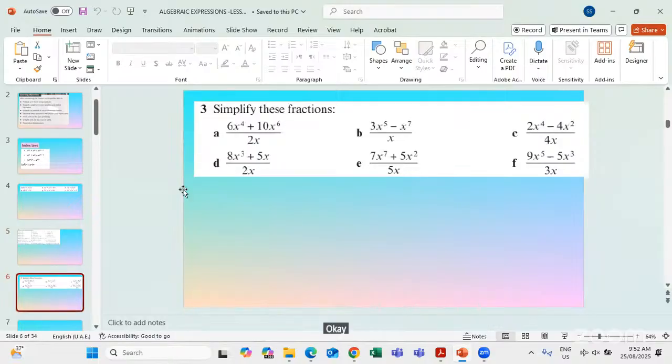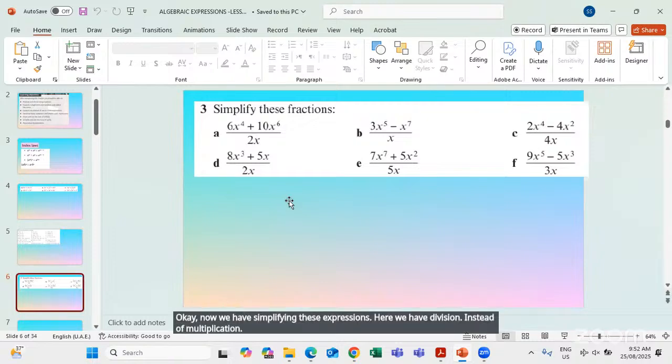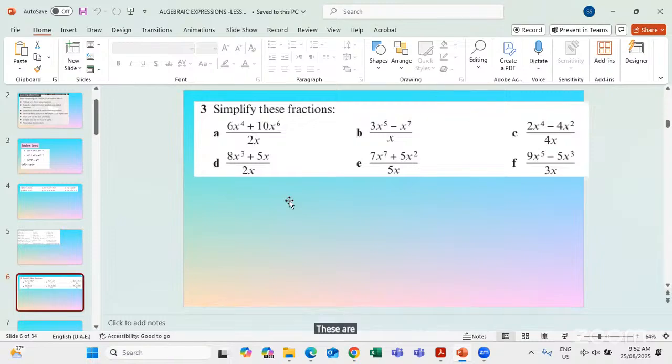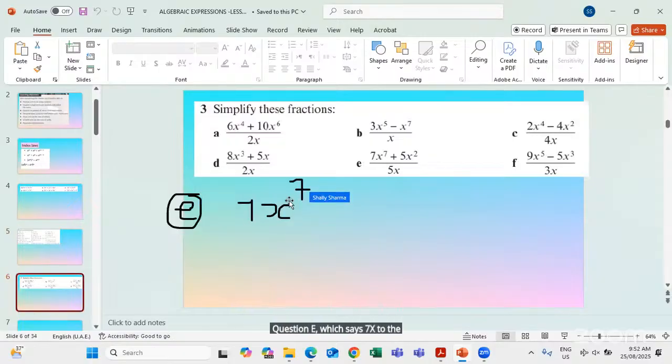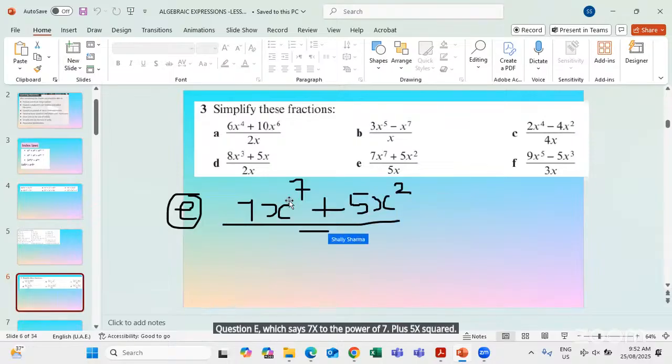Okay. Now we have simplifying these expressions. Here we have division instead of multiplication. These are the algebraic expressions. So we will try question E, which says 7x to the power of 7 plus 5x squared over 5x.